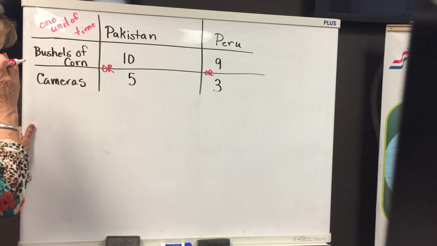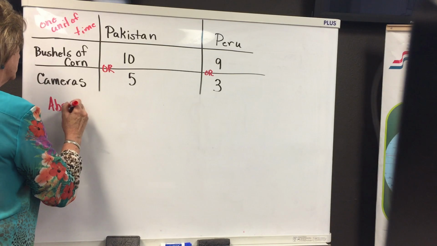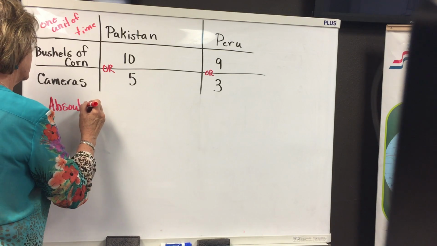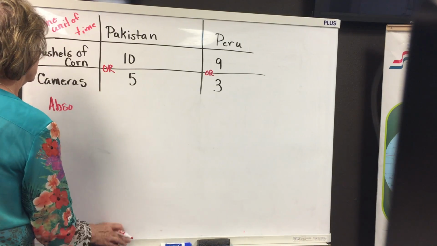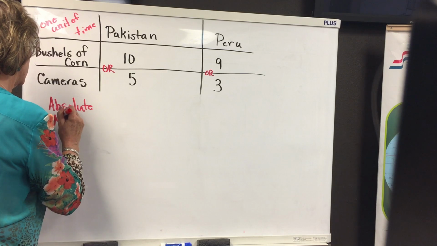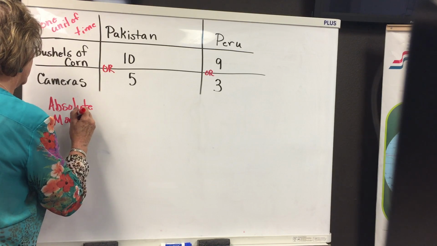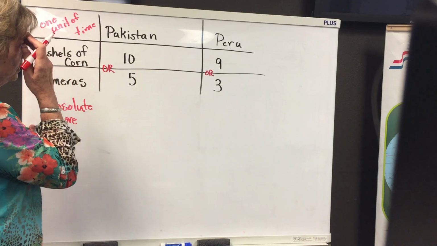And the first one is easy. That's the absolute advantage. Again, absolute advantage means more. I tell my students to say the phrase to themselves, absolutely more, so that they will know.